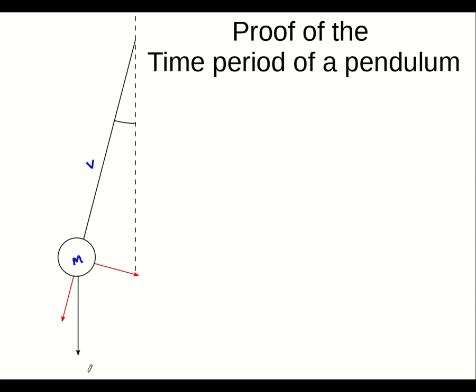M, which means the weight of the pendulum is mg, and we'll call this angle from the vertical theta. So these two arrows, the red arrows, are the components of the weight acting parallel to the string and perpendicular to the string.